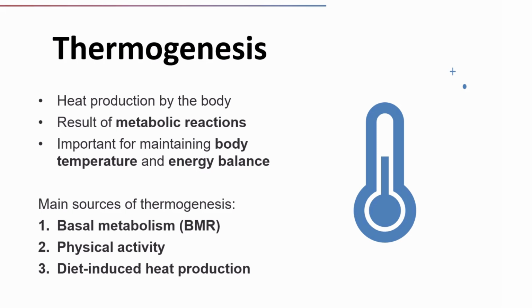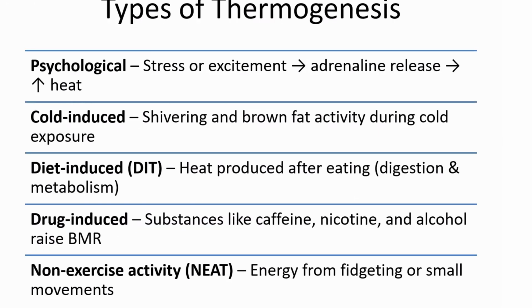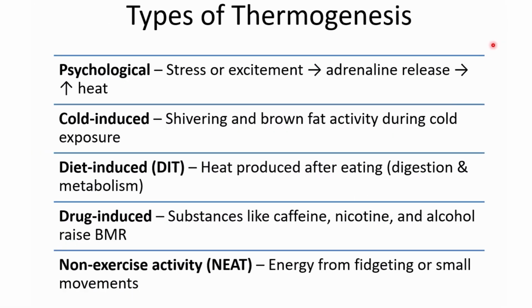The main sources of thermogenesis are basal metabolic rate, physical activity, and diet-induced heat production. There are five main kinds of thermogenesis. Some happen automatically, like when we are cold or stressed, and others occur through our behavior.